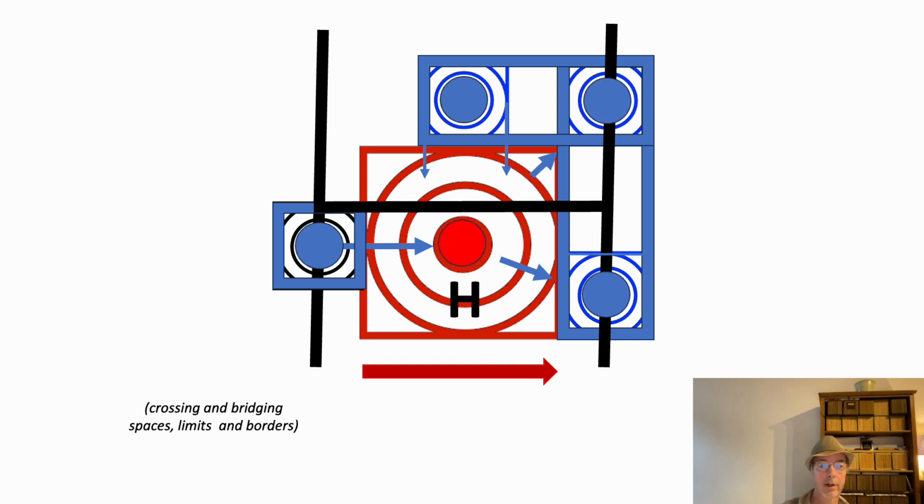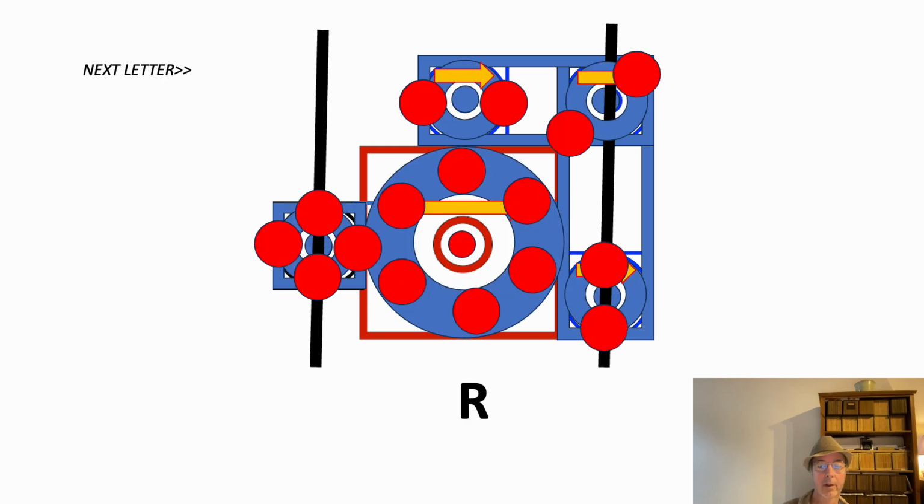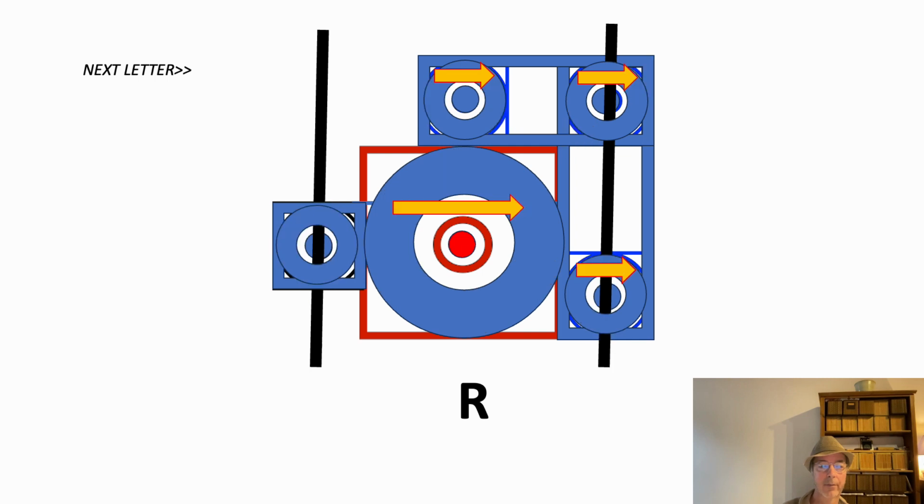But of course we have the connection points with the elements and the limits and borders as well. The R, the next one, okay, let's put some elements in there as well. These are the regions that are interconnected. The R is in fact also not the points of reference that I had in the H, but it's the volume around it.